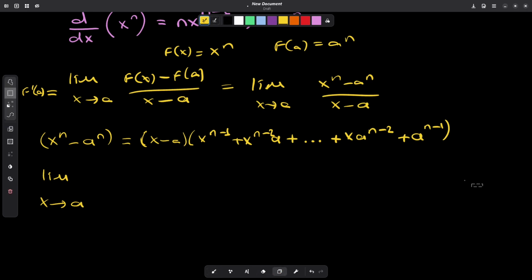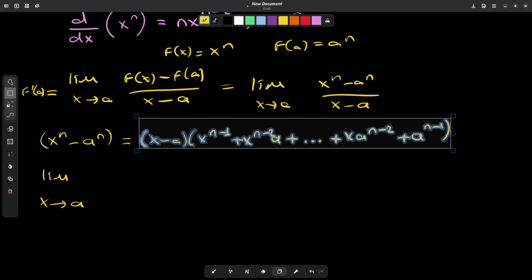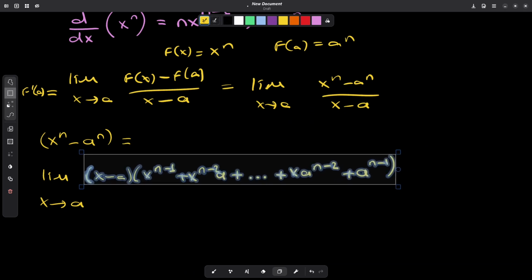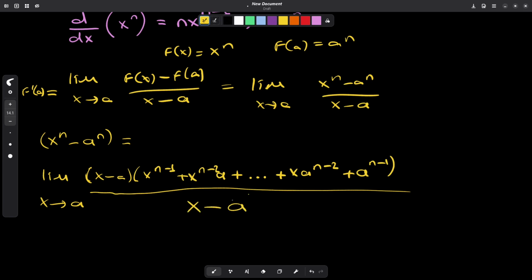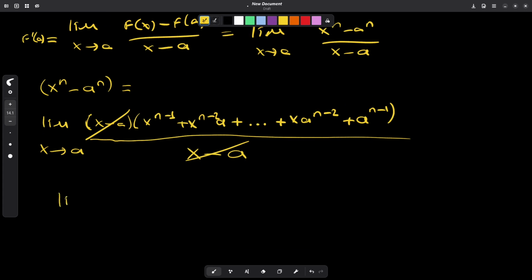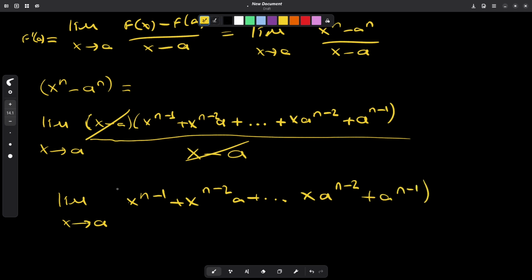I don't want to write all of these again. This is over x minus a. Cancel these out. Limit as x approaches a of x to the n minus 1 plus x to the n minus 2 times a plus and so on, plus x times a to the n minus 2 plus a to the n minus 1.